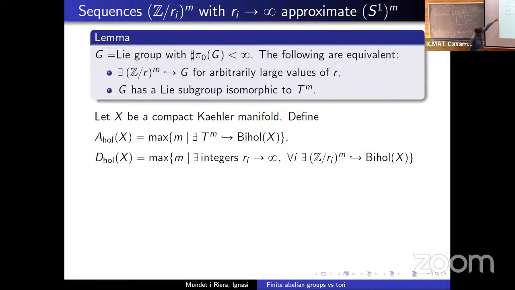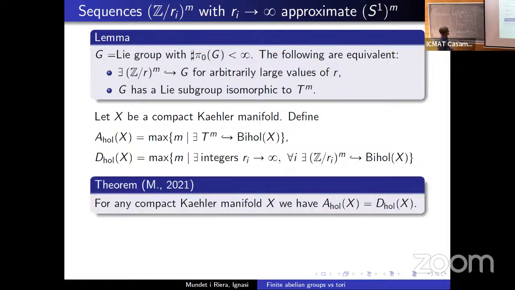Okay, so A hol of X is going to be the maximal dimension of tori that can act holomorphically on X. I don't require this morphism to be compatible with any complex structure here. So this is just an injective morphism. And D hol of X is the analog of D of X, but replacing homeo by holomorphism.